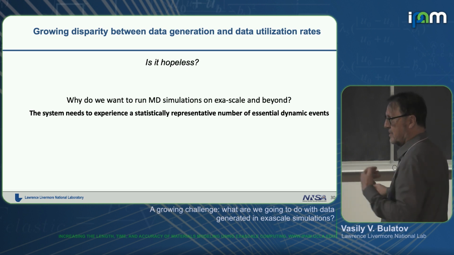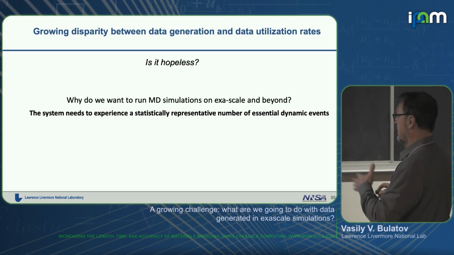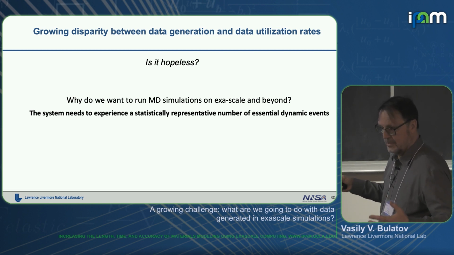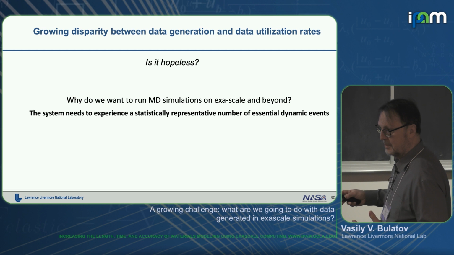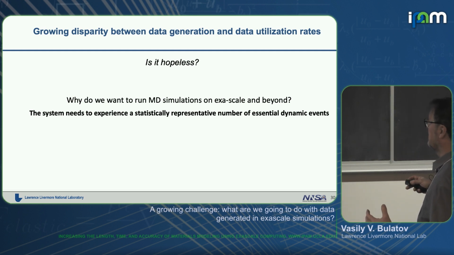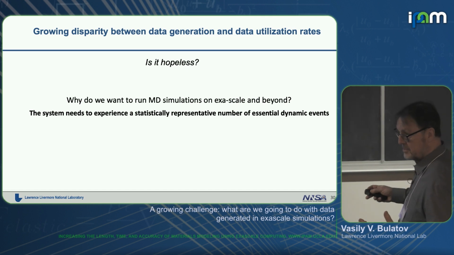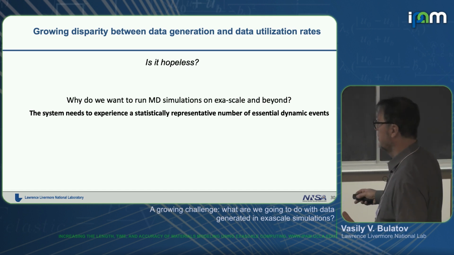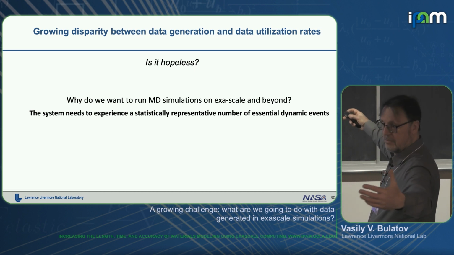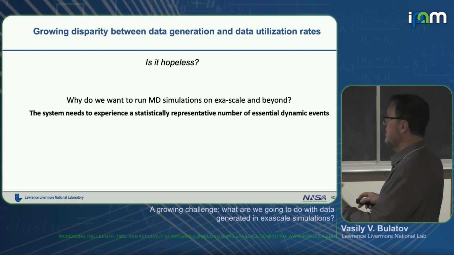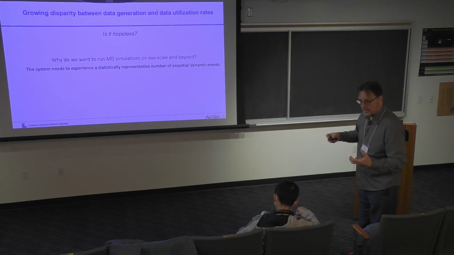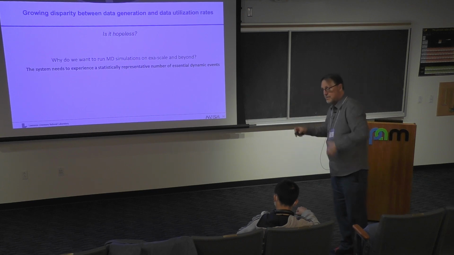But then the question is, and that's how I think about it, and that's highly speculative: why do we want to run these large simulations at exascale and beyond? The honest answer would be because we can. But also, it only deserves a very large simulation if you really need this large volume and long time scales to see your simulated system go through a statistically representative number of events that are essential for the entire system dynamics.